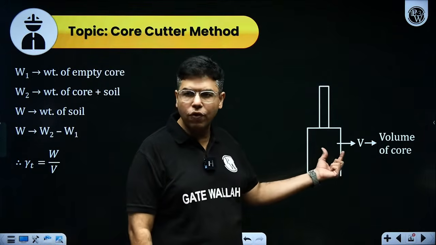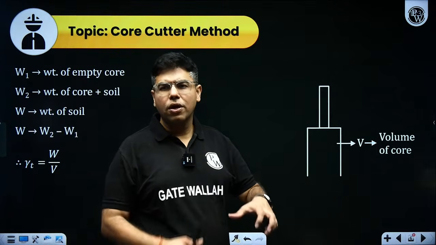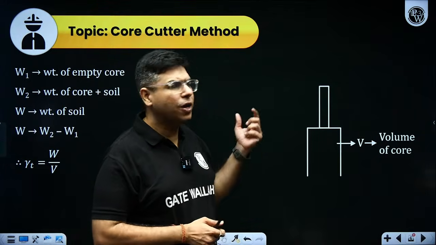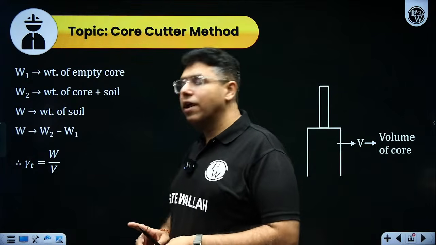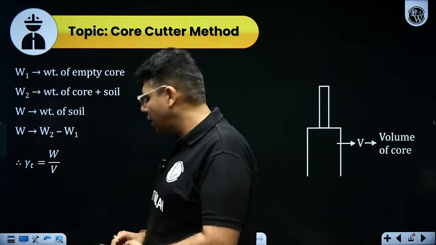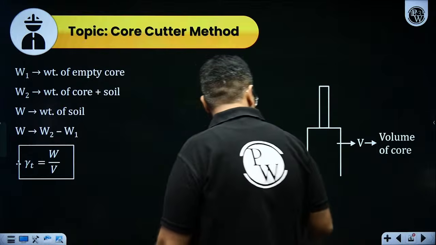Volume of the core will already be known. So, you will insert this core inside the soil. You will excavate and obtain this core with the soil, and you will measure its weight, that is weight of core plus soil. From there you will get the weight of soil. So, weight of soil will be simply W2 minus W1 and gamma T will be equal to what? W by V.